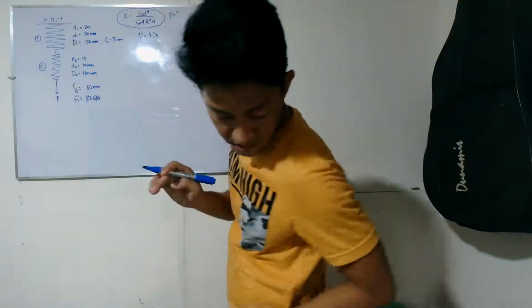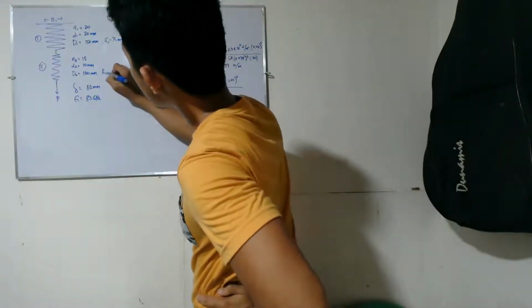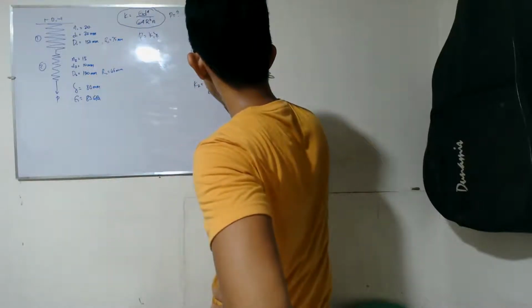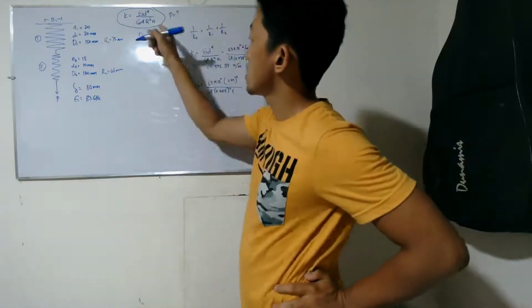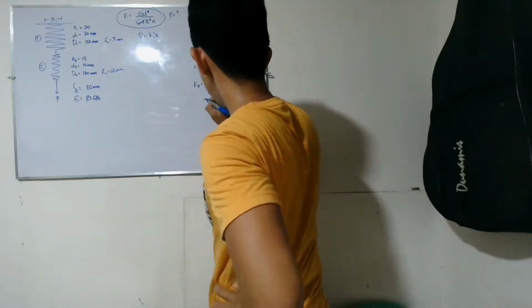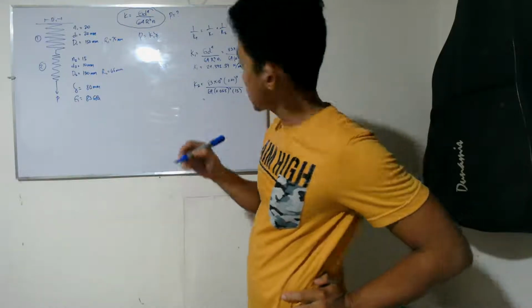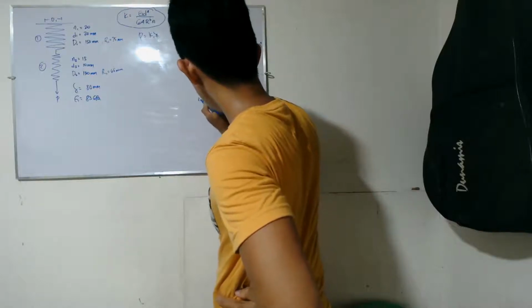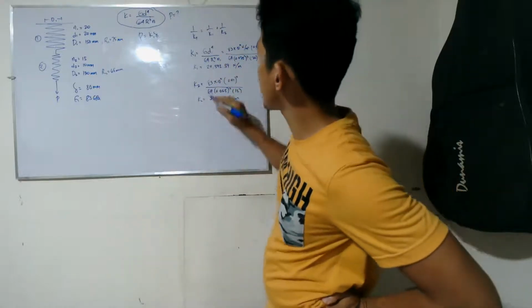R2 is 65 mm, so 0.065 cubed times N2, which is 15. Therefore, K2 is 3148.23 newton per meter. Okay, so now we have K1 and K2.